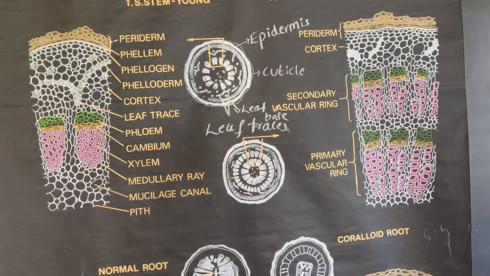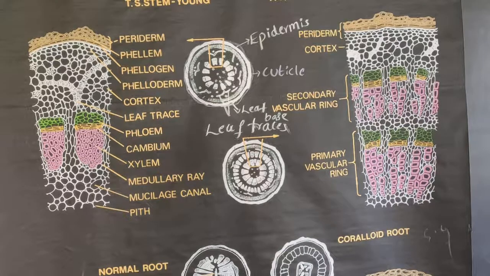Whenever a leaf gets older, it falls off from the stem. At that time, on the region where the leaf was present, a scar is formed on the stem because of the falling of the leaf. That scar is nothing but the leaf base. So the presence of persistent leaf bases is one of the important characteristic features of the Cycas stem.